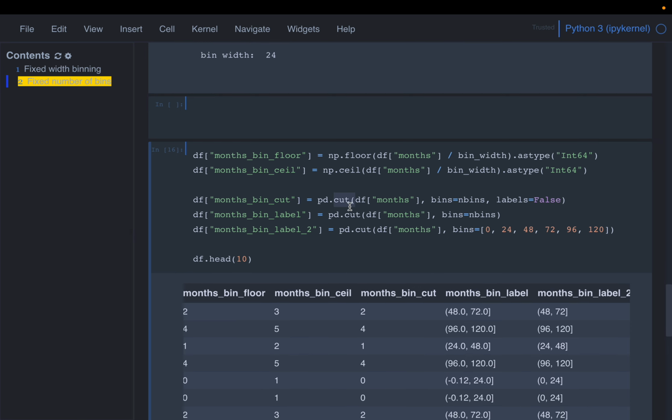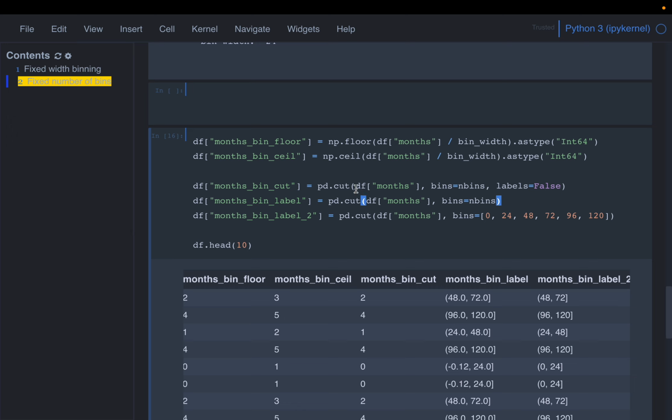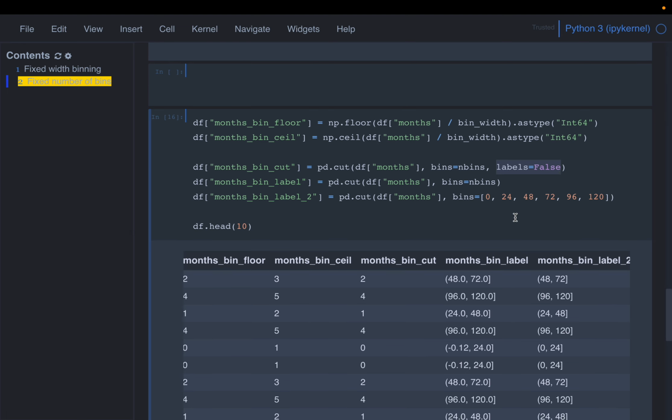Okay, now the cut function works a couple of different ways. Here we are providing our raw feature value and then specifying how many bins we want to divide this data into. Now, if we set labels as false, it will return an integer index. So this variable is going to be months bin cut.